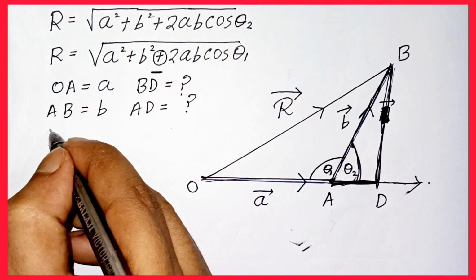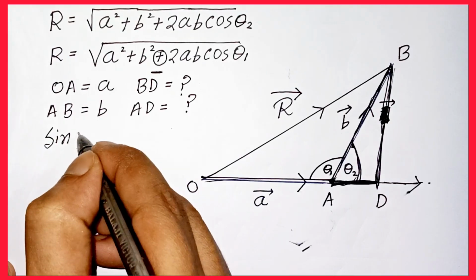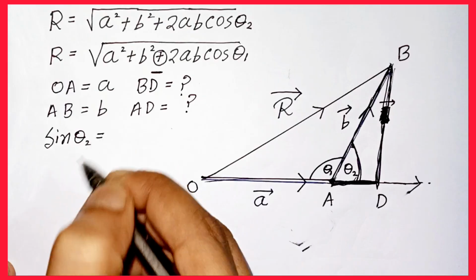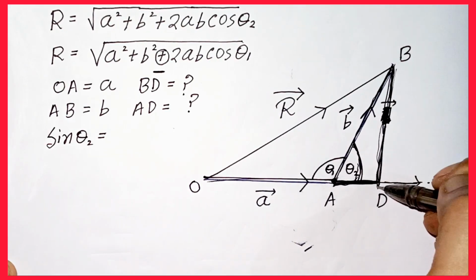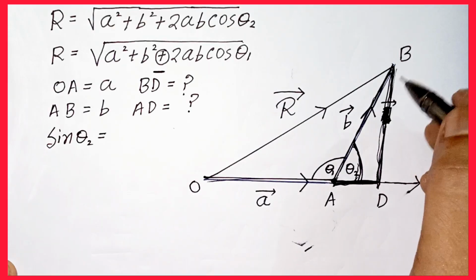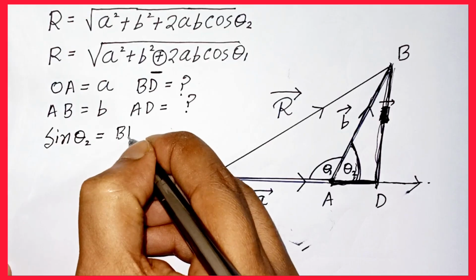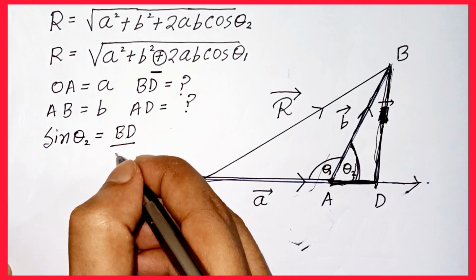Anyways, in the small triangle theta 2 is the angle. If I ask you sine theta 2 equal to what? You can say easily perpendicular by hypotenuse. This is perpendicular BD. This is hypotenuse AB. That means sine theta 2 equals BD by AB.